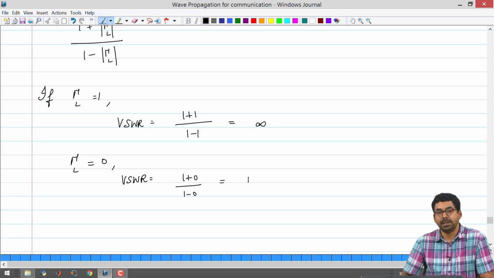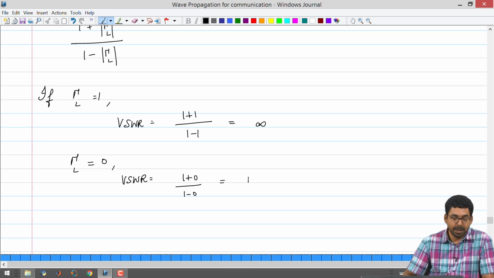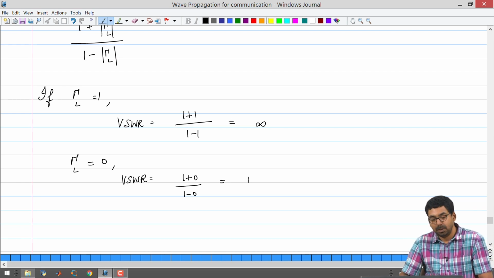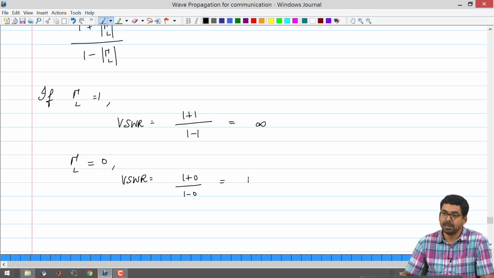So, the standing wave ratio in your transmission line is going to be equal to 1. The standing wave ratio goes between 1 and infinity. In the case of matched impedance, you will have a standing wave ratio of 1. In the case of extreme terminations like open circuit and short circuit, your standing wave ratio will be infinity.